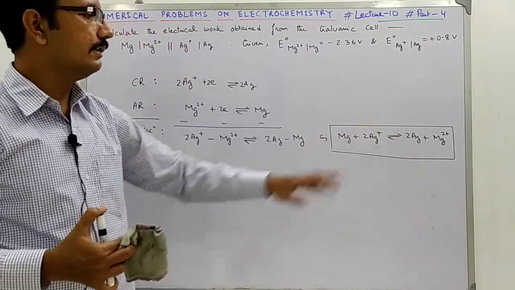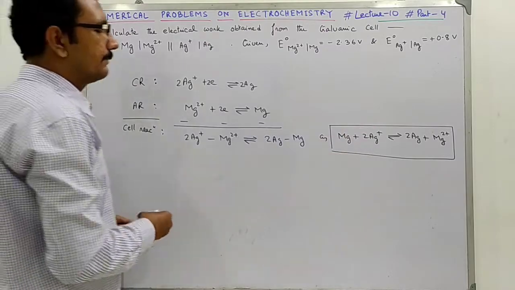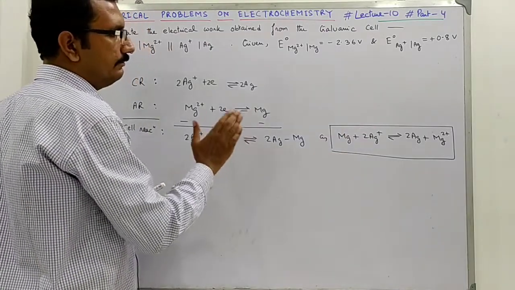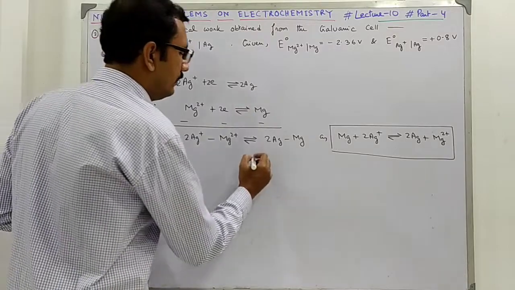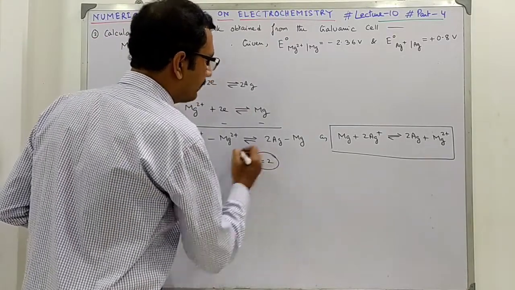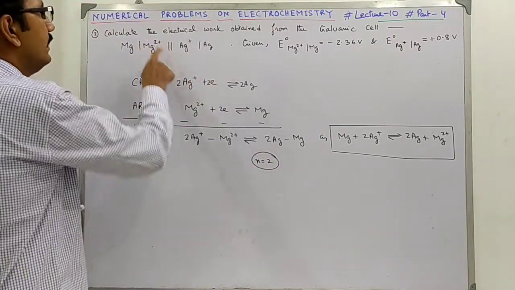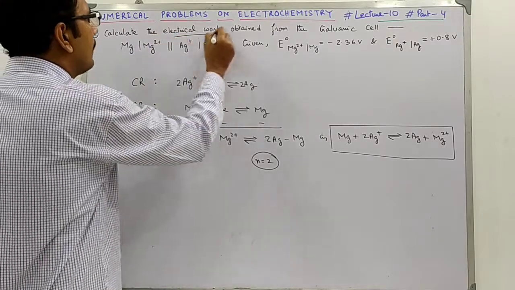Now, the cell reaction is not important here, we just want to know the number of electron transfer, since they are asking you to give the amount of electrical work.